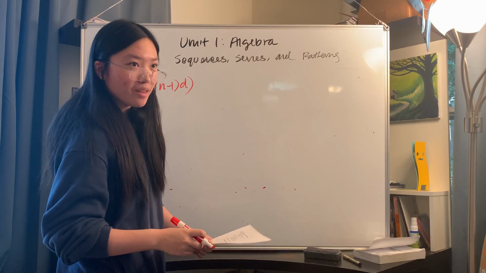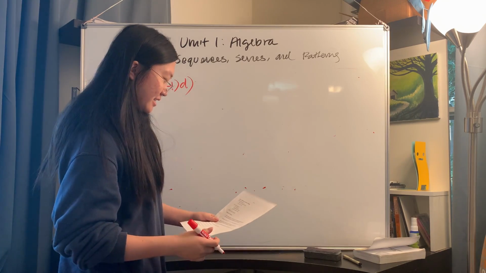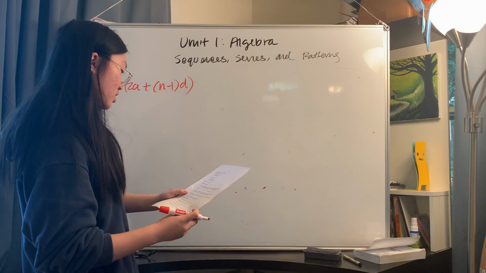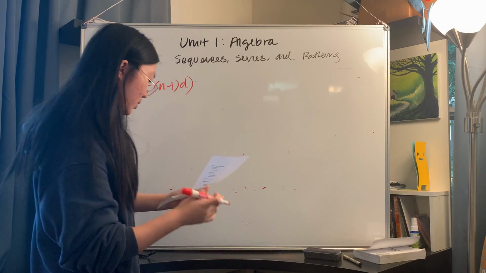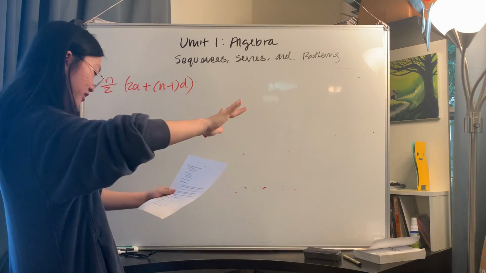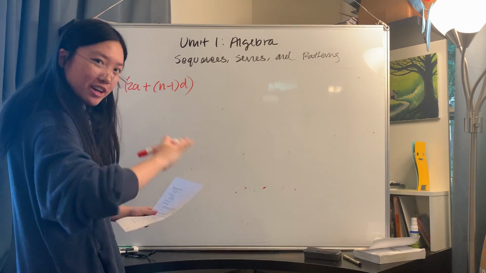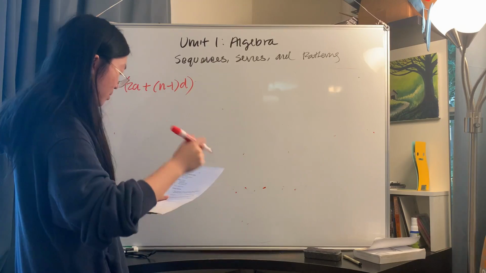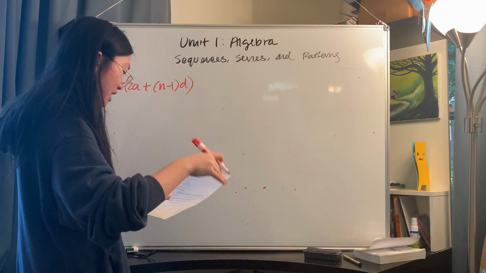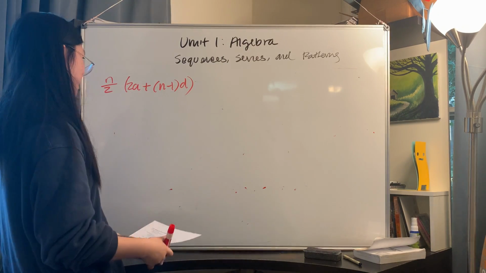Alright, this sounds really complicated, doesn't it? But if we remember this, it's actually not too bad. So we want to find the sum of the first 10 terms of a certain arithmetic progression, and we don't know what kind of arithmetic progression that is, but all we know is that the sum of the first 10 terms is 4 times the sum of the first 5 terms.